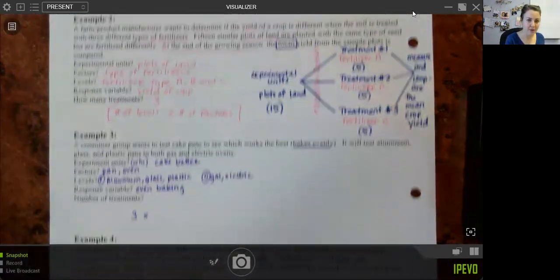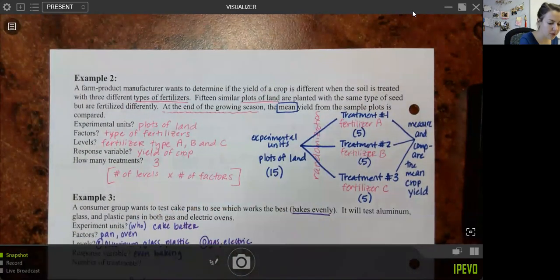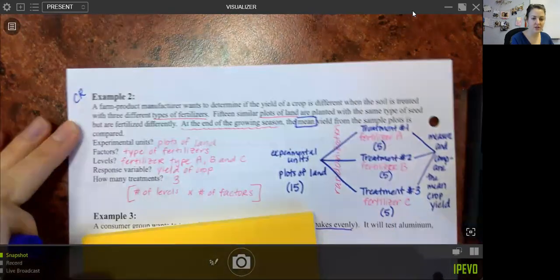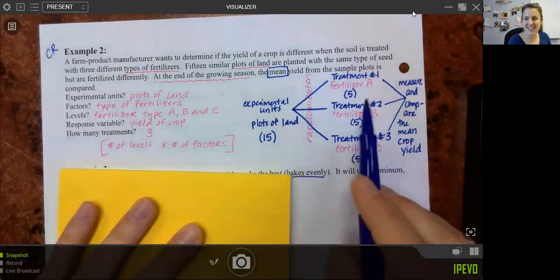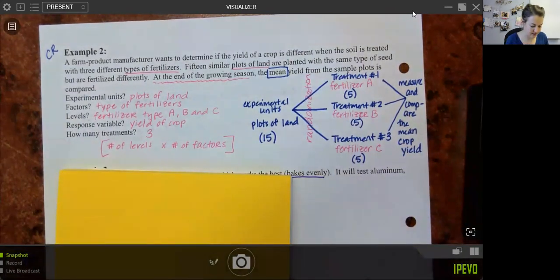Now, example number 2 was a completely randomized design. And if we remember what a completely randomized design is, I'm going to go ahead and make a little note of that. That's just when you take everything and you randomize everything into 3 different groups, for example, whatever the number of treatments is.